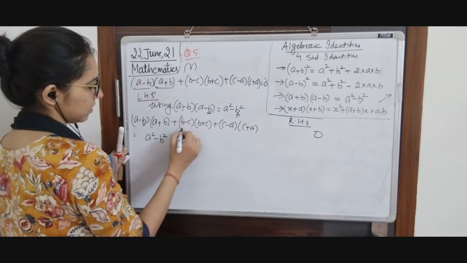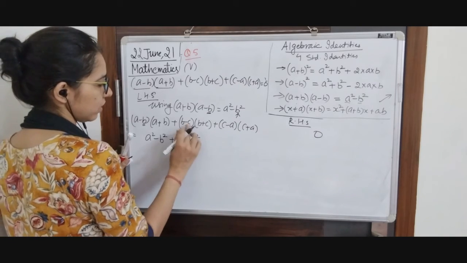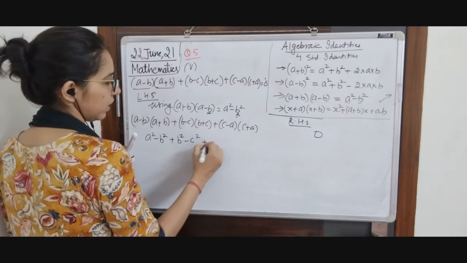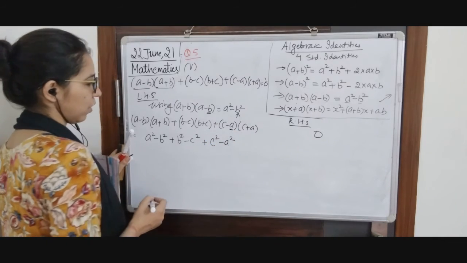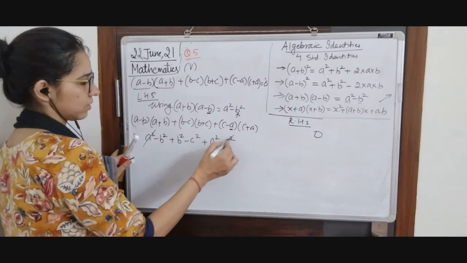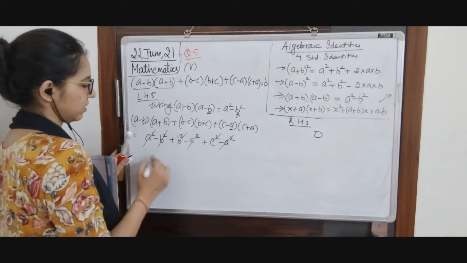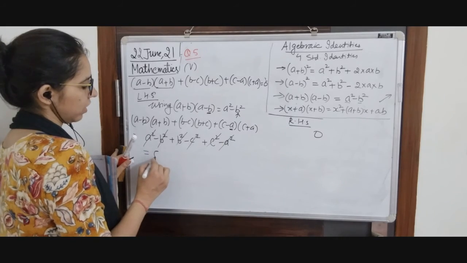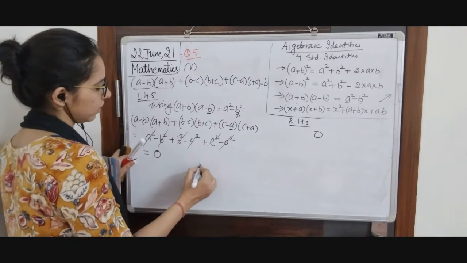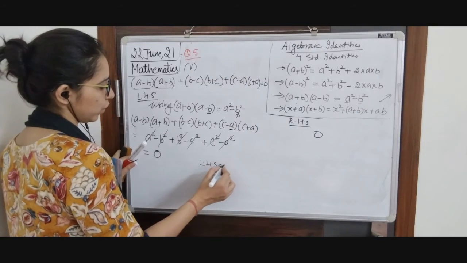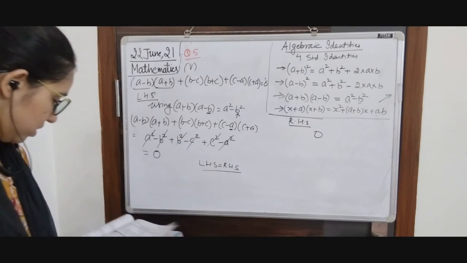Minus, plus here will be b square minus this term's square. Similarly here c square minus this term's square. Now we can cancel a square minus a square, b square minus b square, c square minus c square. We are left with a 0 and right hand side we had 0 already. It means left hand side is equal to right hand side, hence verified.